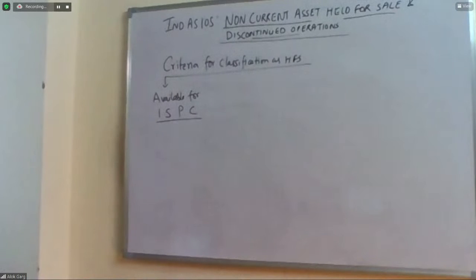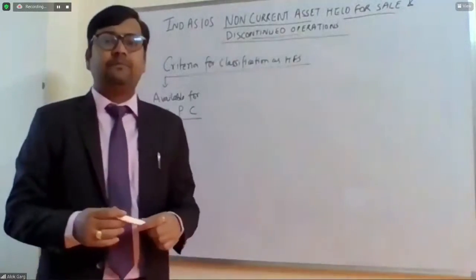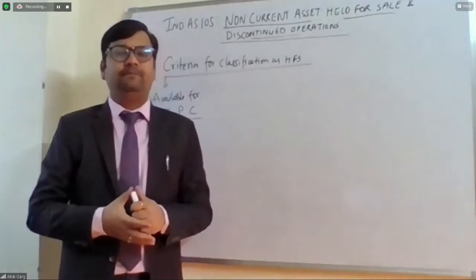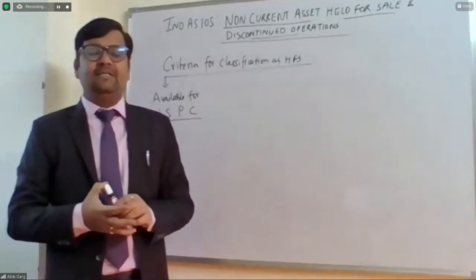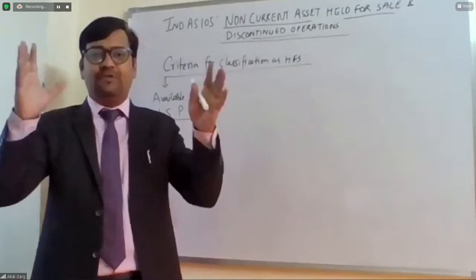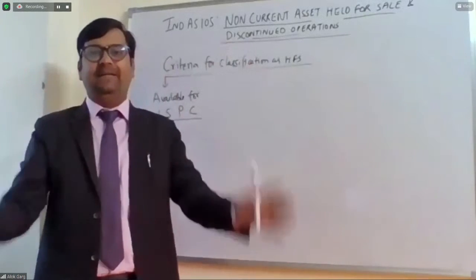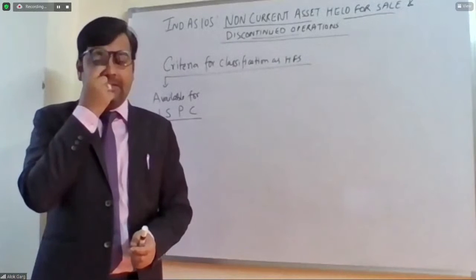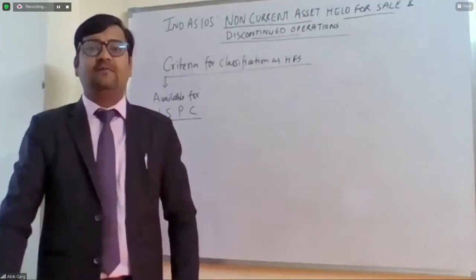Okay. For example, a person wants to sell a factory. Okay. And he has put a board for sale in front of the gate. A buyer came and asked, yes, I want to buy this factory.